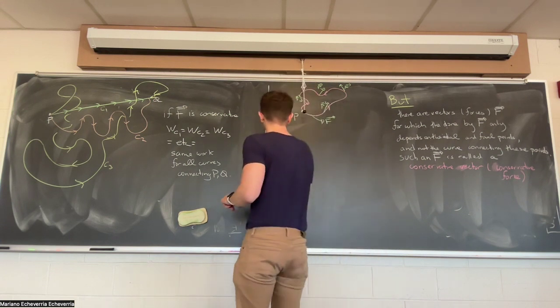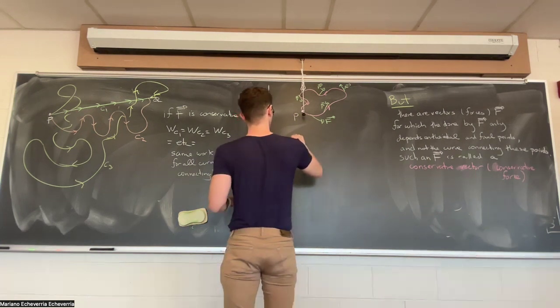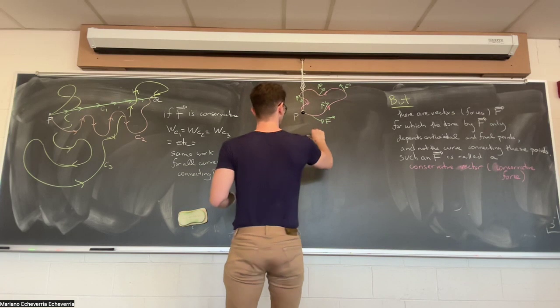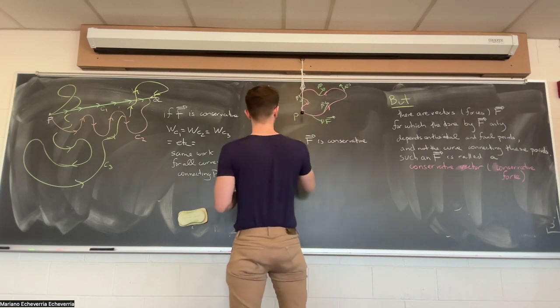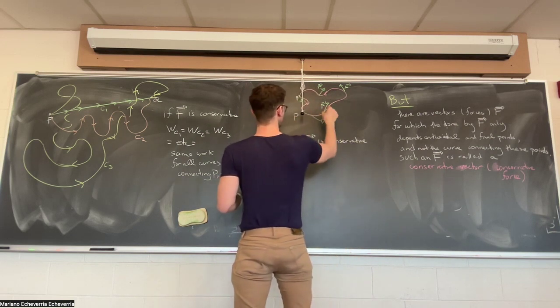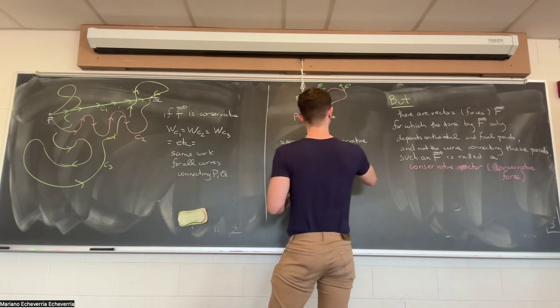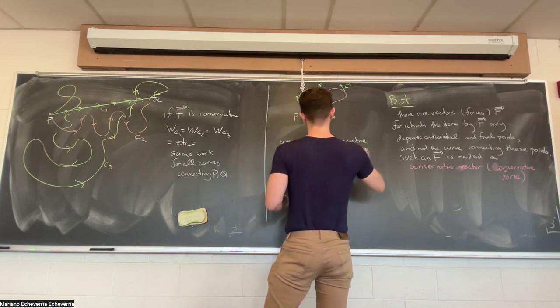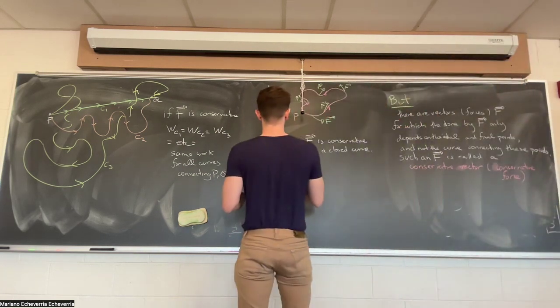Suppose F is conservative, and C is a closed curve. What do you think the work of F should be along C?